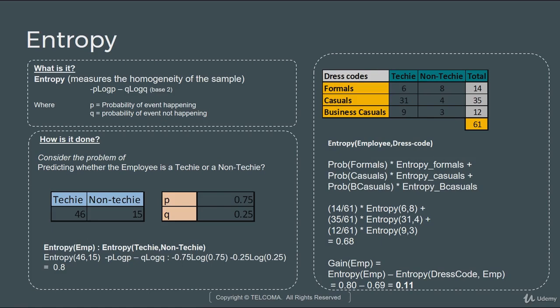And we're saying information gain is the criterion used to understand which would be the root node and the following subsequent nodes. We defined entropy as a measure of homogeneity, which can be calculated with the formula minus P log P minus Q log Q. Q is the probability of the event not happening, and P is the probability of the event happening.